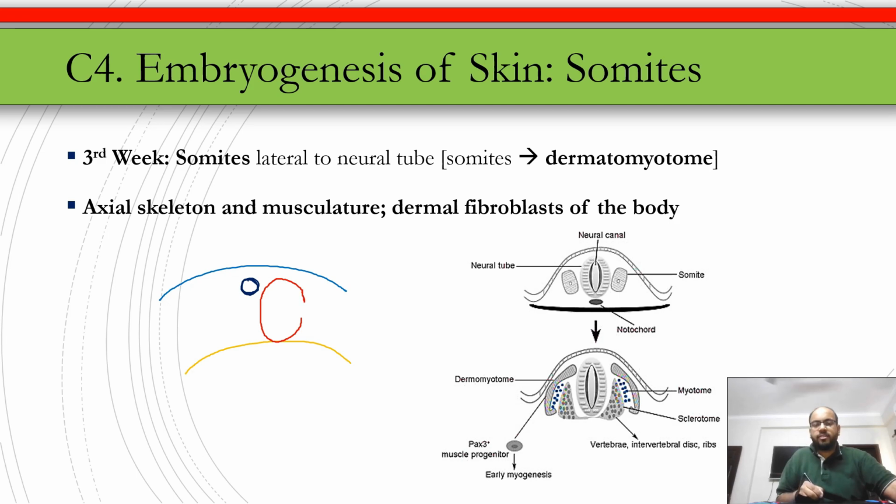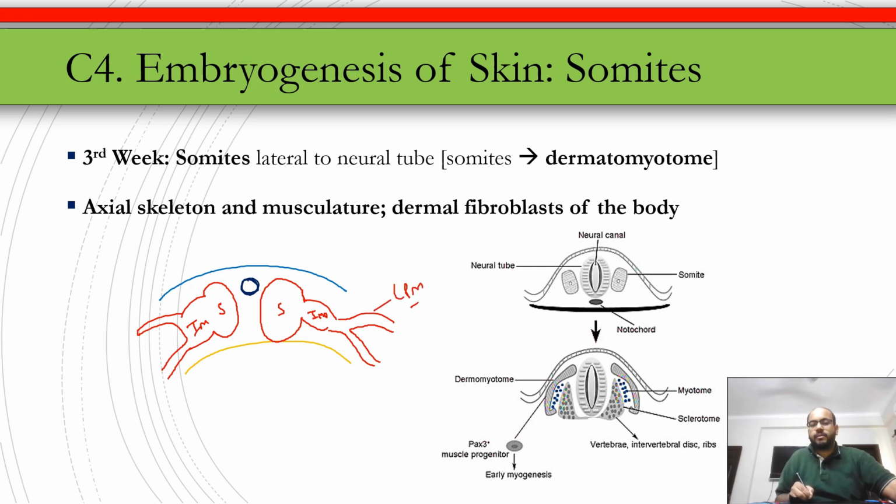So this condensation of mesoderm adjacent to the neural tube is the somite. Then you have the intermediate mesoderm. And then you have the lateral part which is divided into two layers, somatopleure and splanchnopleure. No need to remember this, it's just embryology, don't worry. This is the lateral plate mesoderm.